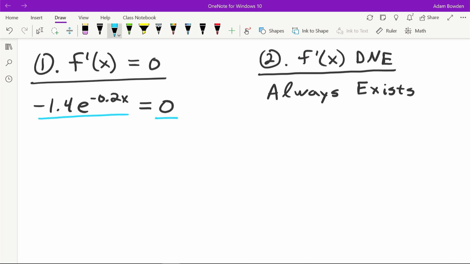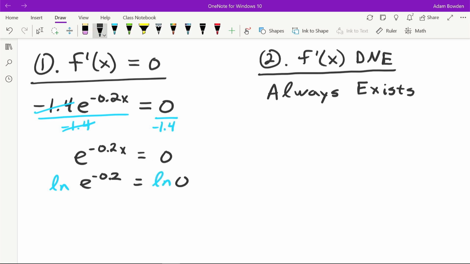And what I did to solve that here is I divided both sides by negative 1.4. So we're going to write that as e raised to the negative 0.2x is equal to 0. To which we try to take the natural log of both sides and see what happens, in which something weird is going to happen here.